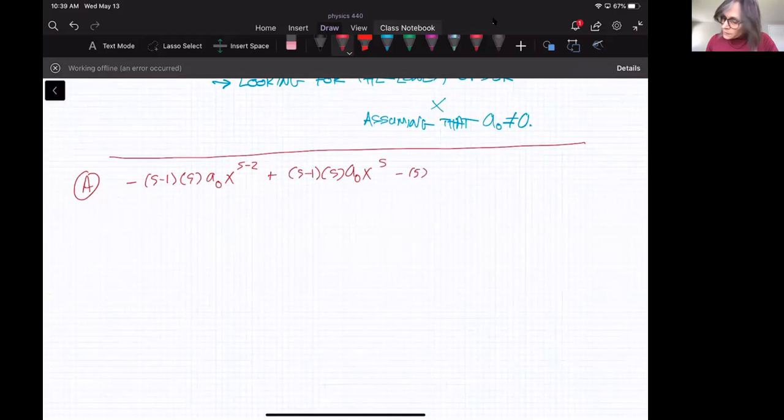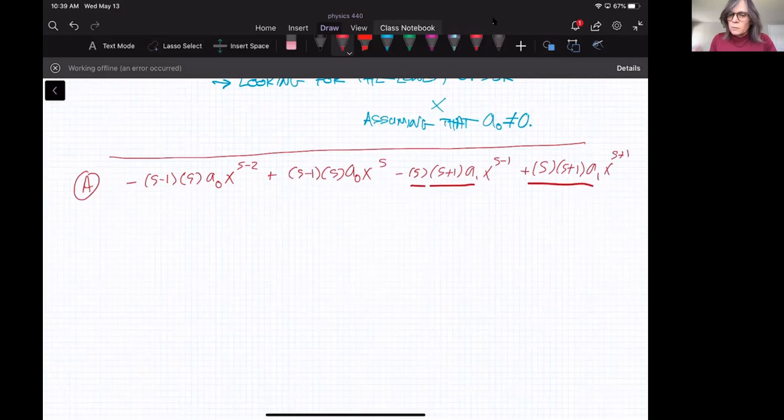Minus s times s plus 1, a1, x to the s minus 1, plus s times s plus 1, a1, x to the s plus 1. And you'll notice that these two terms start repeating each other. In fact, you'll have basically this skipping over of two powers of x, right?